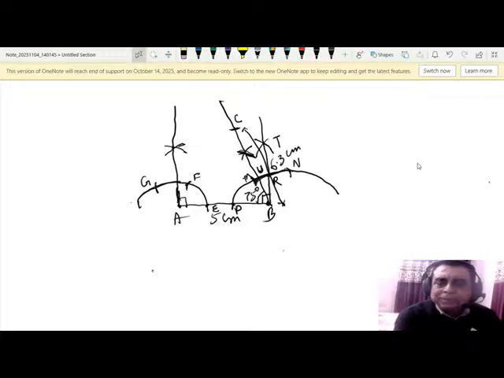Now you put the compass needle at P, and taking a radius more than half of PU, you cut the arc. Make one arc. Now you put the compass needle at the point U, the gap which I have to bisect, and you cut this arc.